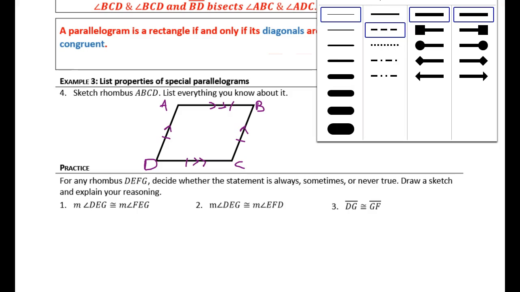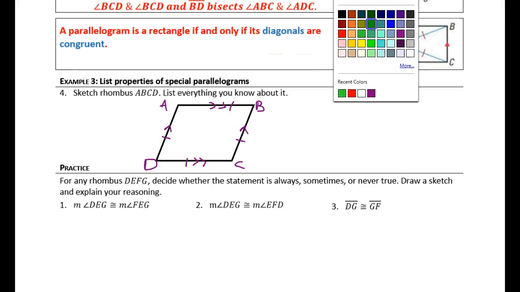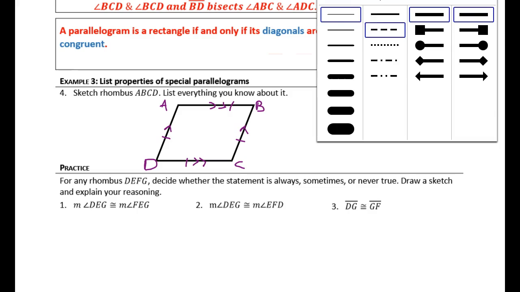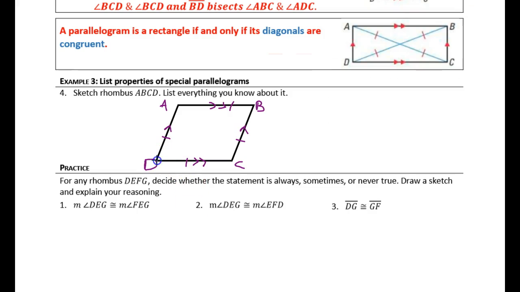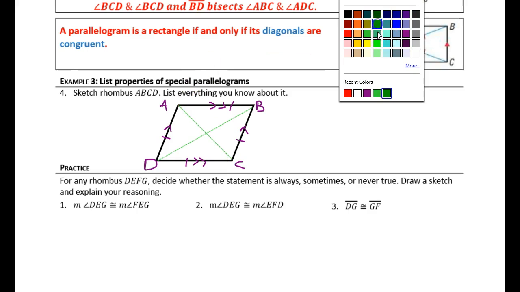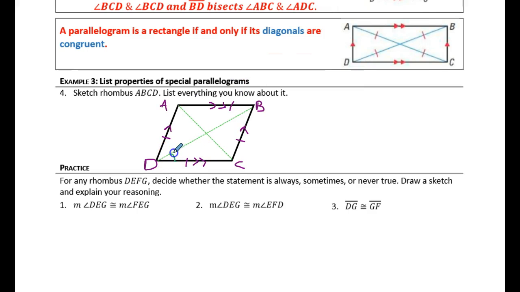Let's talk about diagonals. This is my diagonal BD, and this is my diagonal AC. And BD cuts this angle in half.